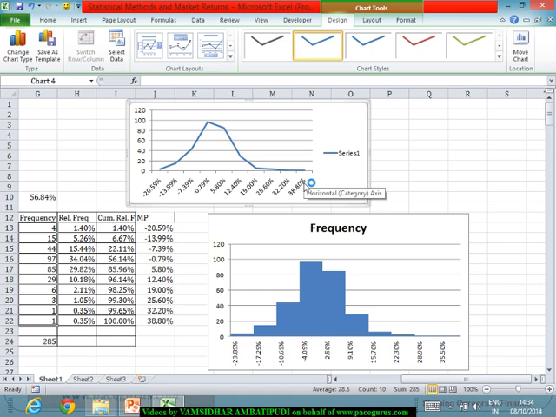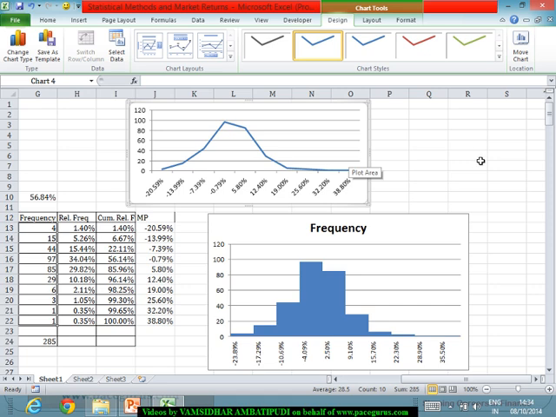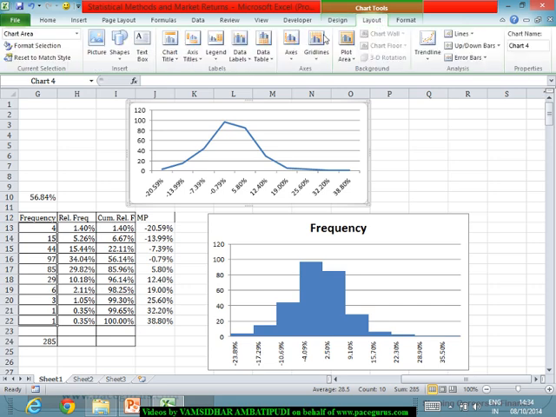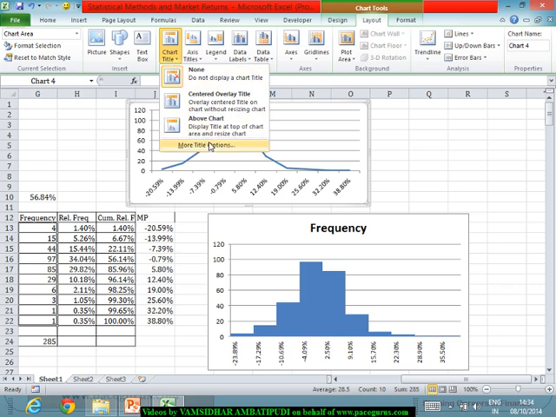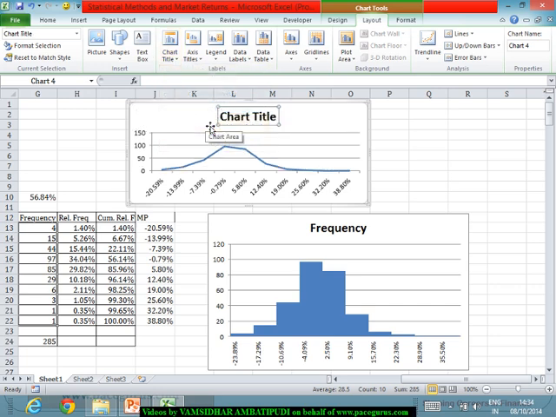So this is a better representation, and this is what I am calling the frequency polygon. The midpoints are on the x-axis, and I am plotting the frequencies on the y-axis. Otherwise, I am calling it a frequency polygon.